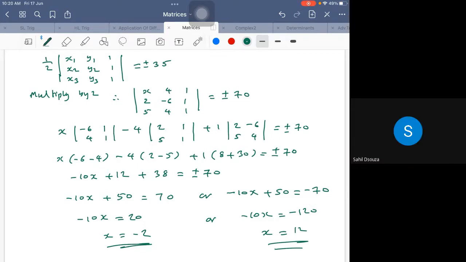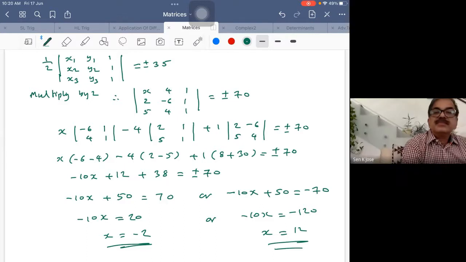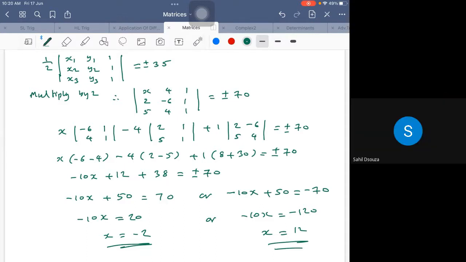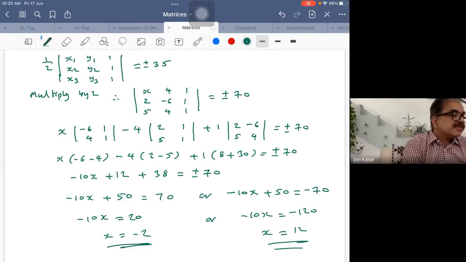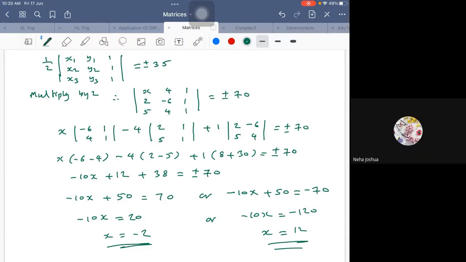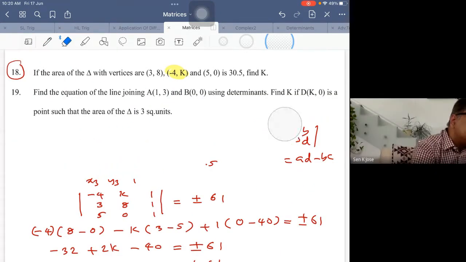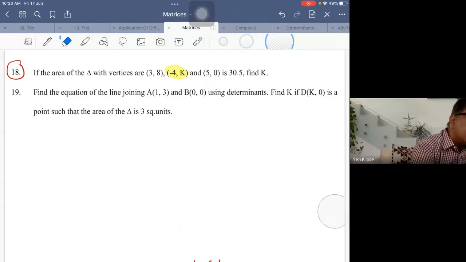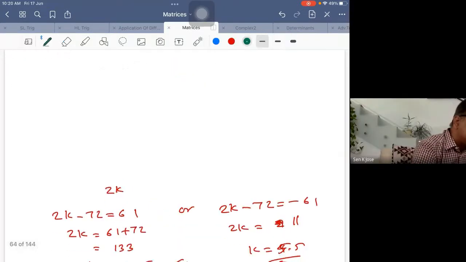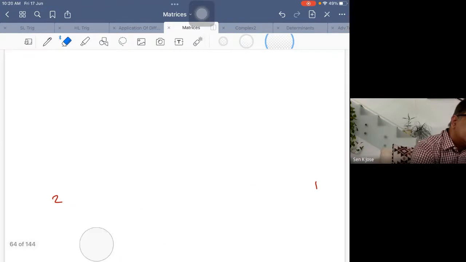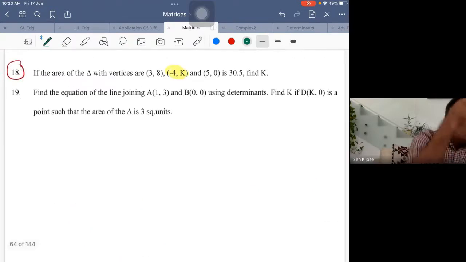Yes, I understand. You finish writing? Yes, sir. Anyone still writing? Neha, finish? Yes, sir. Okay. Pranavi, finish? Yes, sir. Okay. Can you all try this 18 yourself quickly? Question 18.